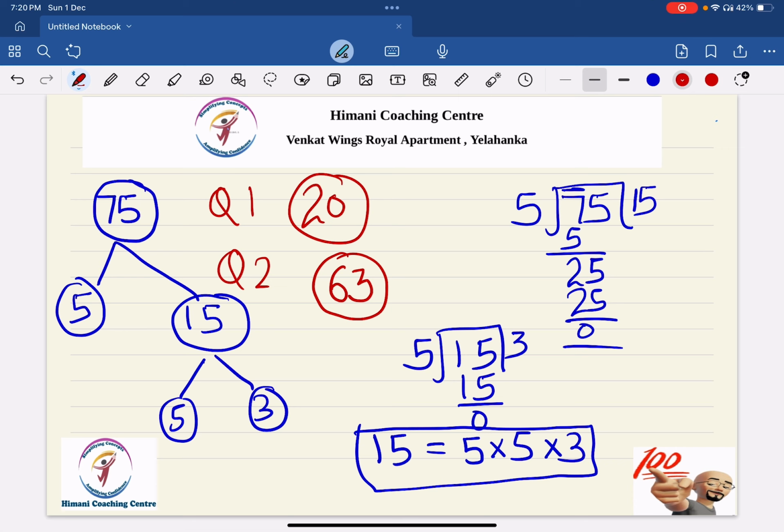If you look at the unit digit of 20, you will not try dividing it by 2, but the tens digit 0 is an even number, so you can try dividing it by 2. You can also try dividing by 5, because what is the divisibility rule of 5? The unit digit could be 0 or 5. So what I want you to do is find the prime factors of 20 and 63.